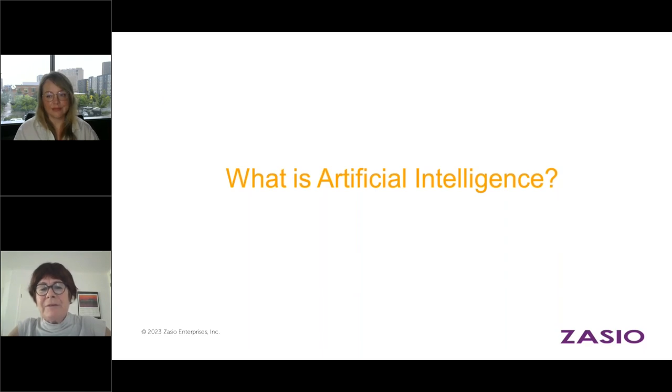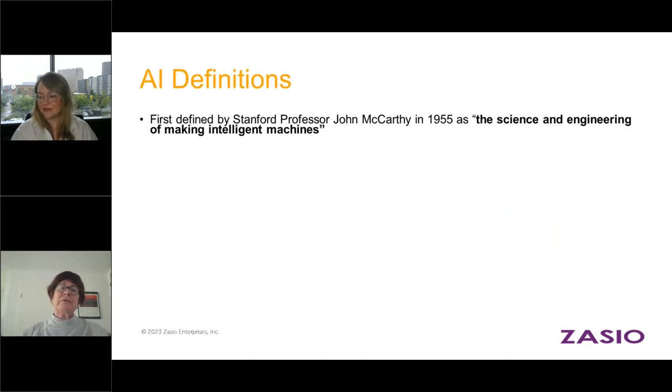And now comes the point of today's focus. What is artificial intelligence? I have compiled a few definitions that you can easily find on the internet. The first one was actually done in 1955, and it was very much still focusing on the science and technology of making intelligent machines. So intelligence already occurs here.